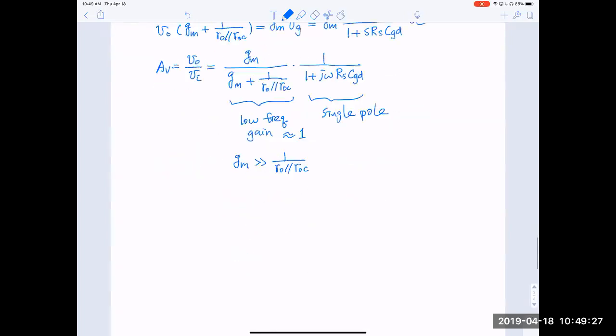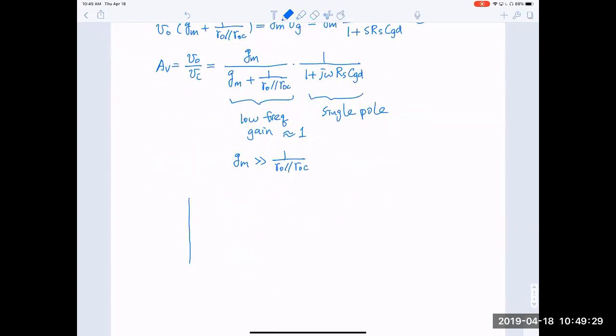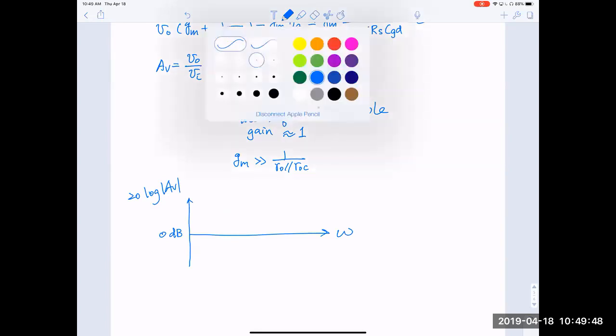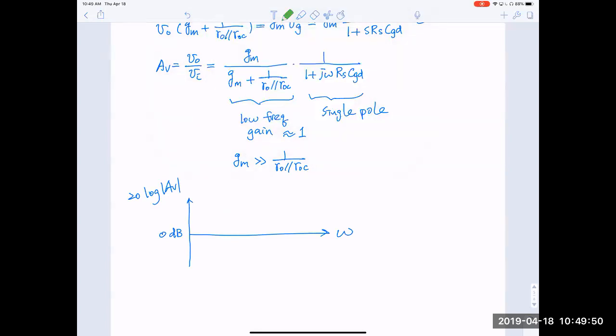So if we turn to our Bode plot, it is like this, omega, and if we plot 20 log AV, and if we call this 0 dB at this intersection here, then the Bode plot will be something like this.